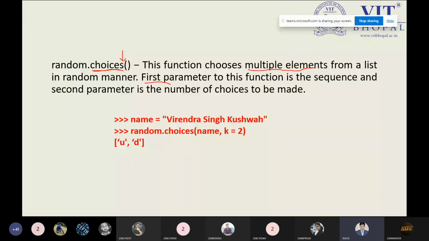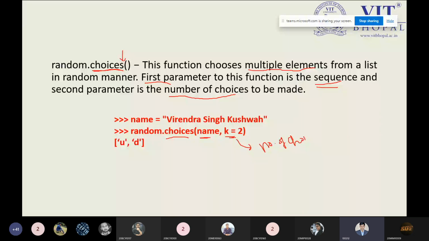The first parameter to the function is a sequence, that could be anything. The second parameter is the number of choices you want to make. So in the same function we have the string, and k is 2. It defines the number of choices.